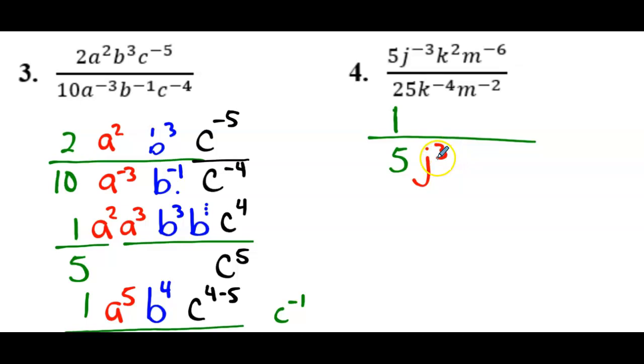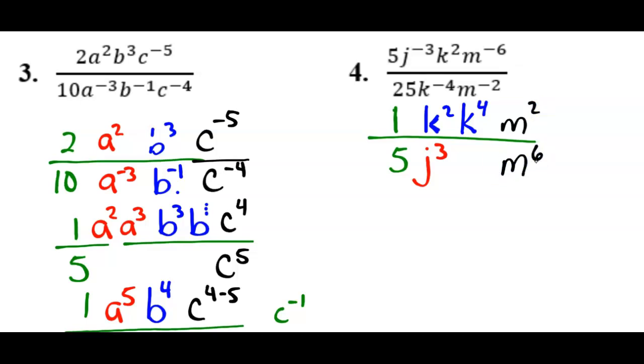So j cubed. Now look at my k's. My k squared will stay. My k to the 4th will go. What about my m's? My m's are going to trade spots. I'm going to get m squared up here, m to the 6th up here.